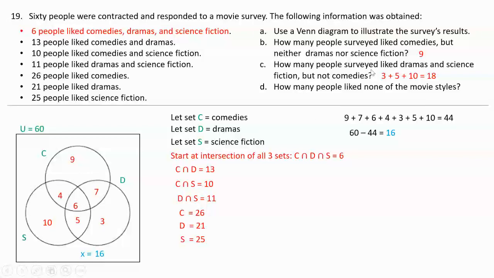Not these right here, these are the comedies. So it's only 10, 5, and 3, which is 18. Part D, how many people like none of the movies? The answer will be the number that's on the outside, which is 16. That's how we do these types of problems.